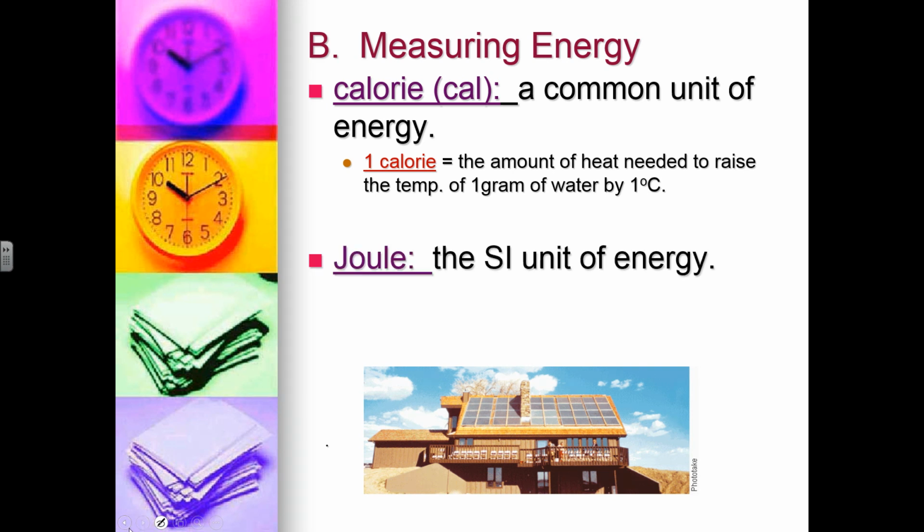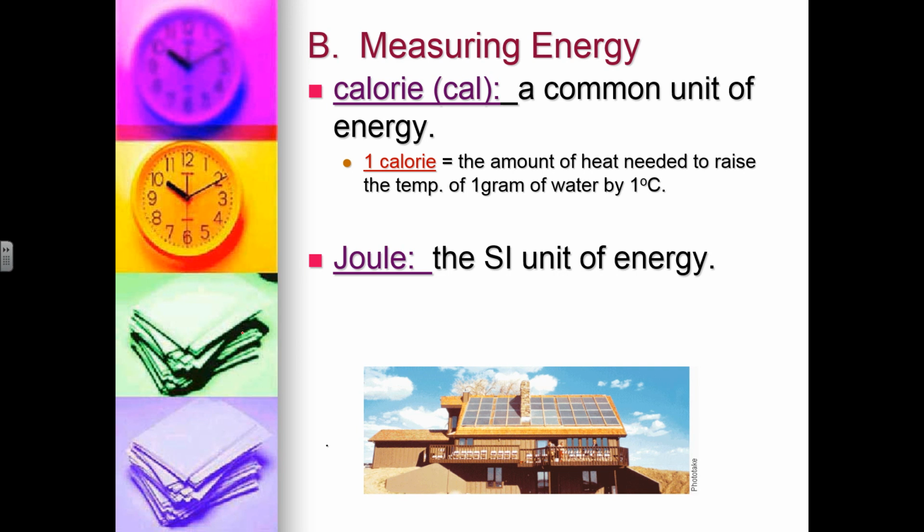But in science, we like to use the SI units of energy and the SI units of measure. So in your vocabulary that you defined over last night's homework, one of the terms you defined was the joule.